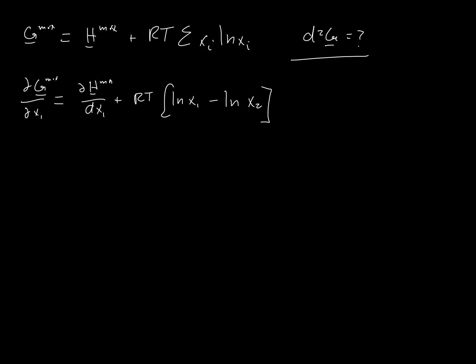In the case of x_i ln x_i, you would have to use the product rule: first times the derivative of the second, plus second times the derivative of the first. It just so happens that x cancels with 1 over x. And in the case of x2 here, dx2/dx1 is equal to minus 1. So that's the shorthand of what we got there. Now we do the derivative again.